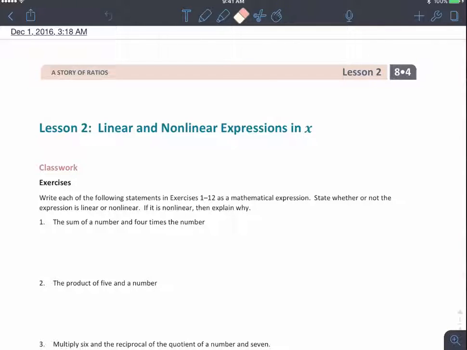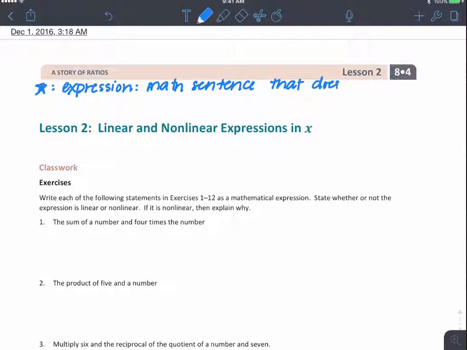Alright, so just as a little quick thing here, an expression is a mathematical sentence, so a math sentence, that doesn't contain an equal sign.